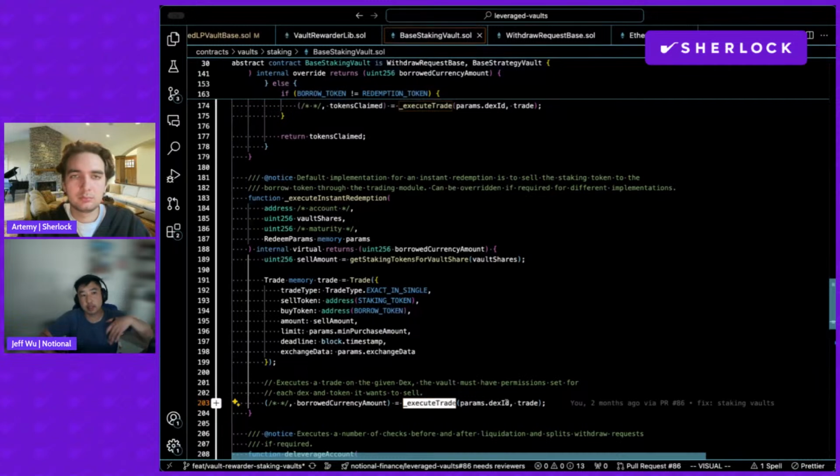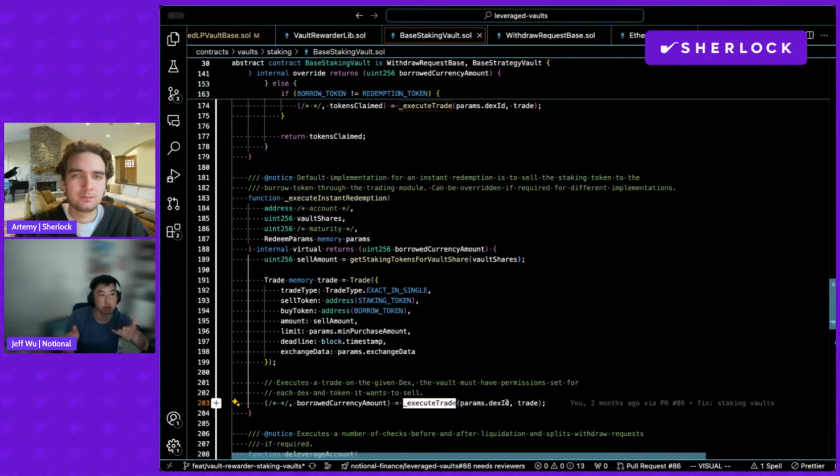What this does is it calls through this trading module library that we have. The trading module has a number of checks in it where it supports a number of DEXs and it checks how many tokens are going in and how many tokens are coming out. It sets the approvals and does a lot of that trading logic.